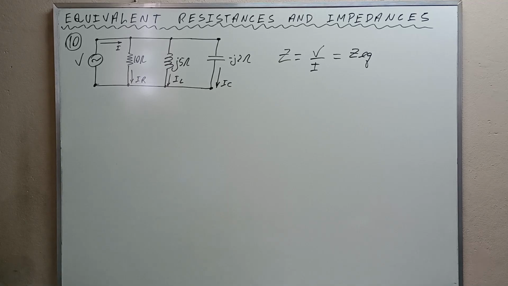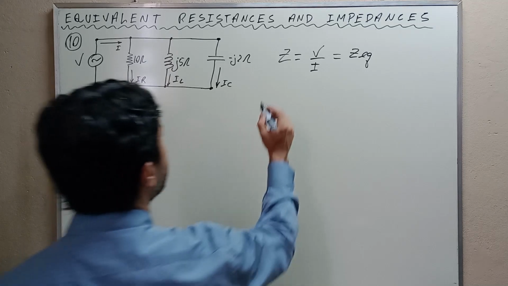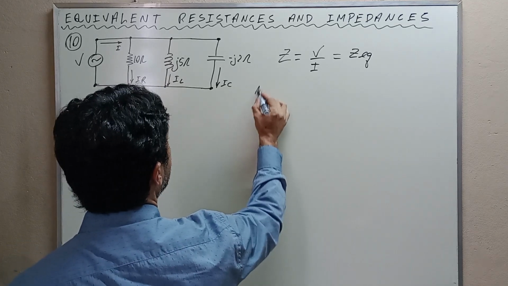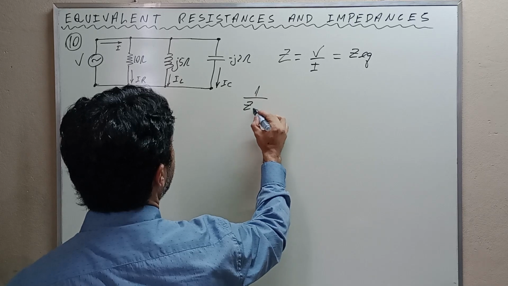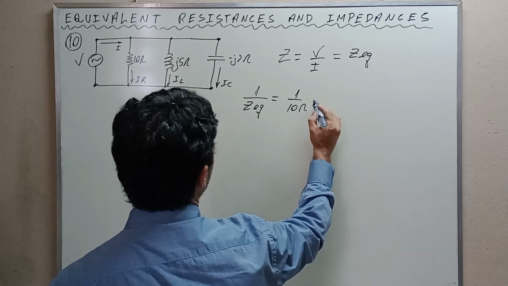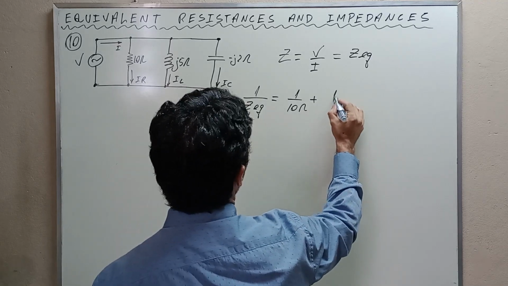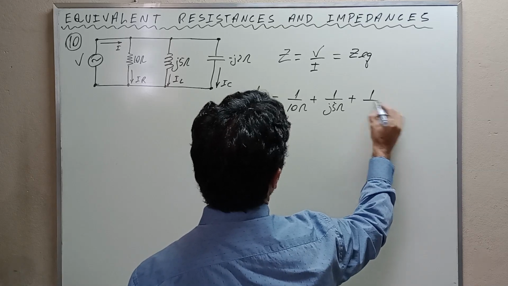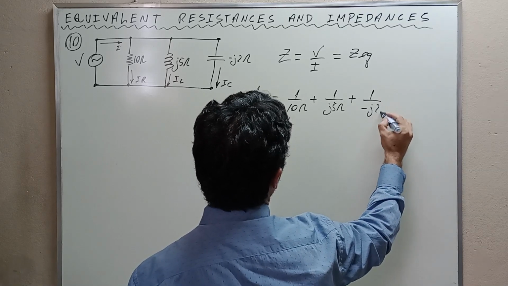Thus, as they are connected in parallel, the equivalent impedance will be calculated as 1 over the equivalent impedance is equal to 1 over 10 plus 1 over J5 plus 1 over negative J2.